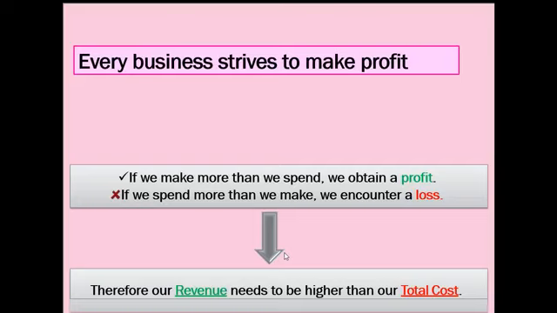Quite simple, we are making a loss. Why? Because we have spent more than we made. So every business must have revenue higher than the cost. That is very important. Revenue needs to be higher than our cost.